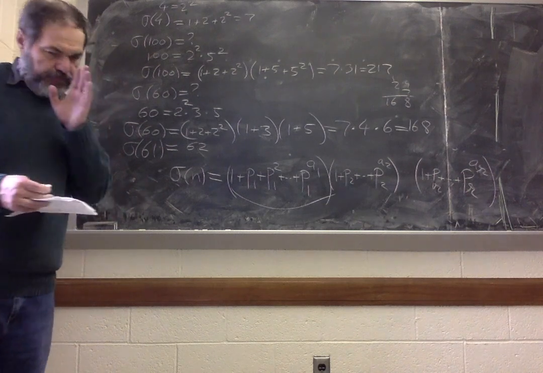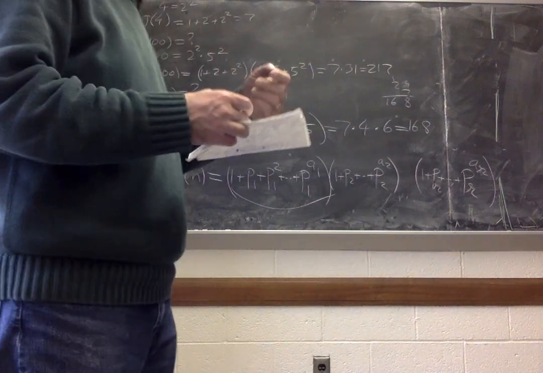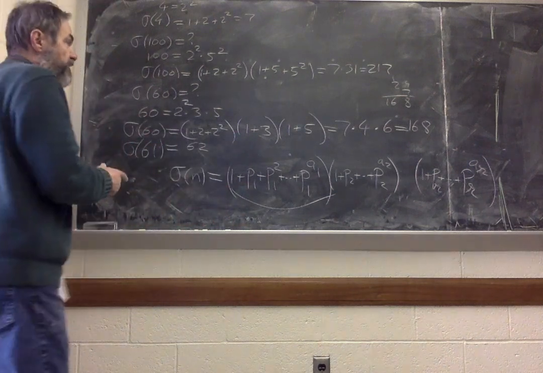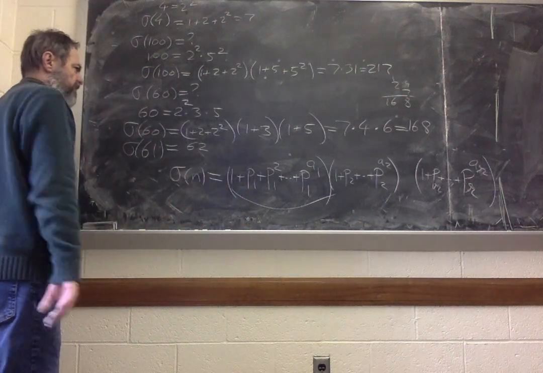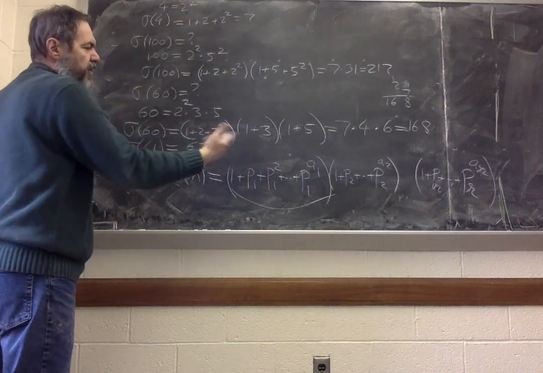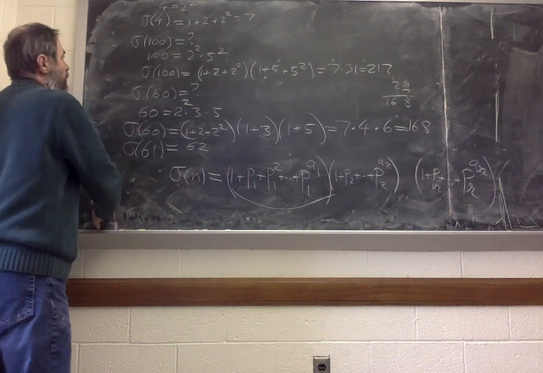But now, suppose we have a problem in which I want to compare two numbers. Which one is larger? There's one more thing I needed to do, but let's see one example and then one general remark about this formula.